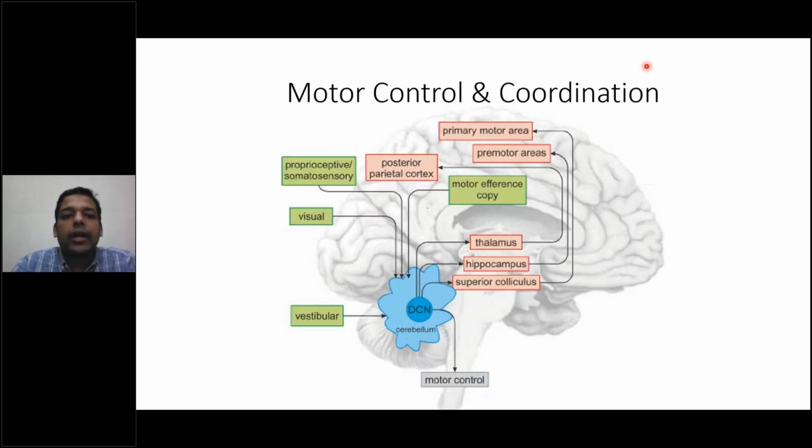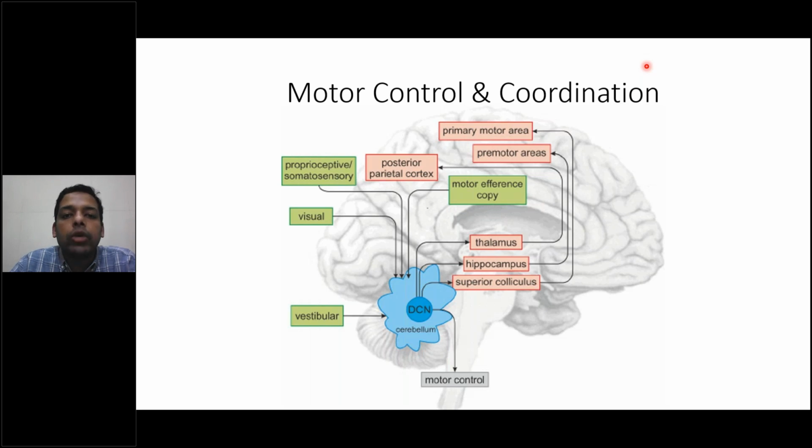So we need to understand the motor control and coordination that is done primarily by the cerebellum. The cerebellum receives sensory inputs from the eyes, from the vestibular system, and from the proprioceptive and somatosensory nerve fibers, the ascending tracts. And also a motor efference copy reaches the cerebellum.